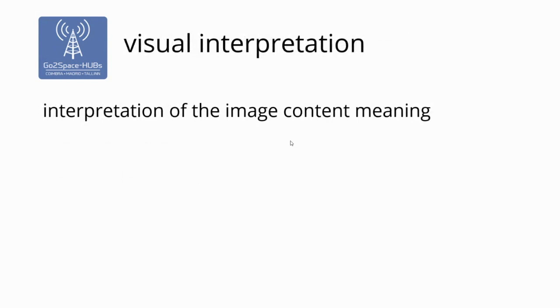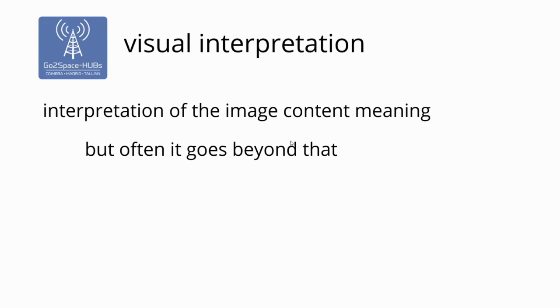So first, visual interpretation or photo interpretation, that's actually the same thing. It's the interpretation of what's in the image. We just look at the image and we mentalize the information. So we create this information in our minds. Very often we go beyond what we can see in the image. Sometimes we take some different context of the time, of the place.